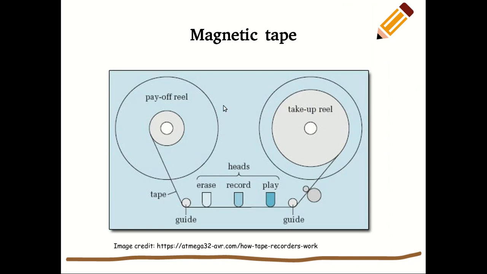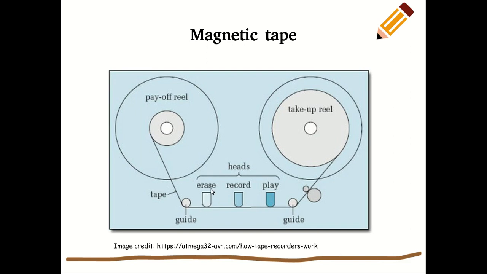This is the overall structure of magnetic tape. You have already seen the cassette that was used many years ago for listening to songs. So this is the overall structure of a magnetic tape. It mainly consists of a magnetic tape and three magnetic heads.